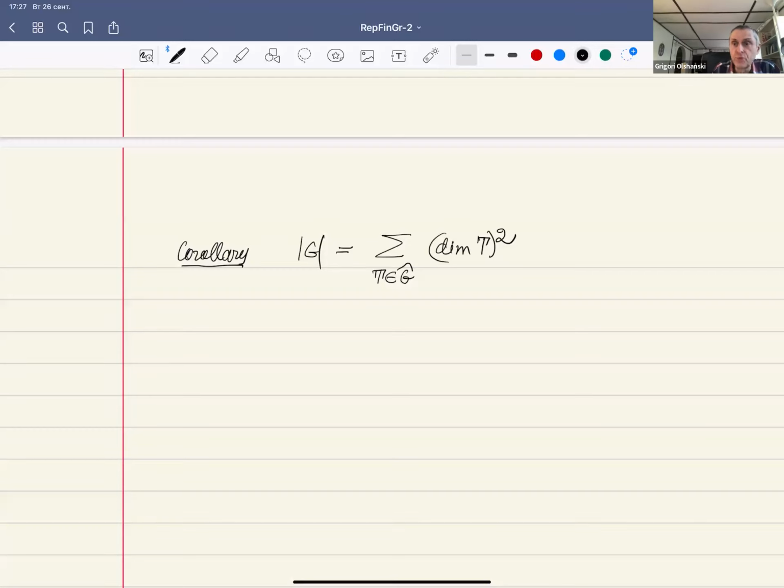So some informal corollary. This space is equipped with a natural probability measure.